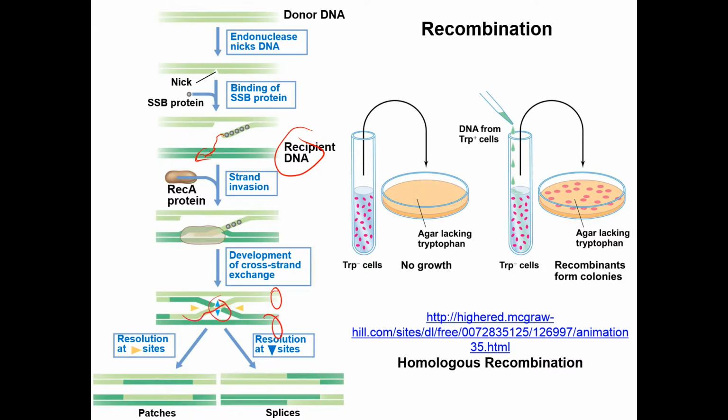You get this little X. So at this little crossover point, your two strands of DNA can separate. Basically be cut. And you can end up with new recombinants.